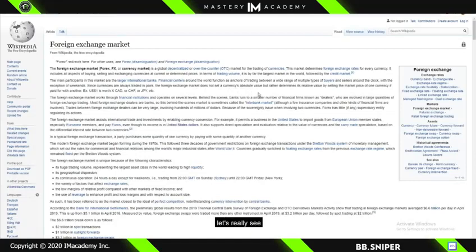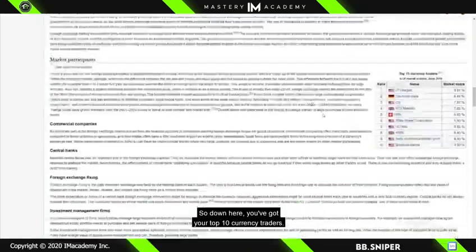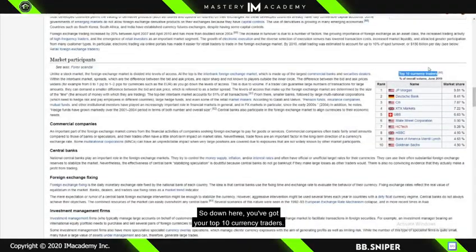First, let's see who our top liquidity providers are. Down here you've got your top 10 currency traders. Think about it for a second. You might have heard that the markets move X trillion dollars a day.